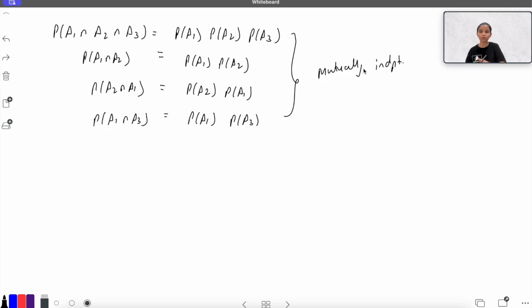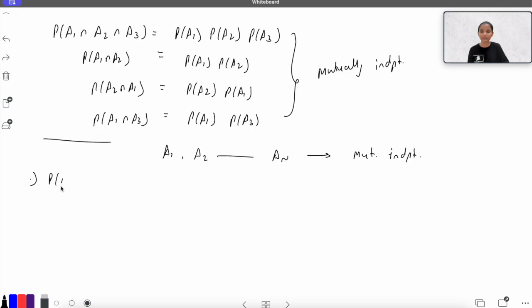So if you increase your number of events, then the conditions for the mutually independent events that you need to check would also increase, right? It's very simple. It depends on how many conditions you would need to check. So if you are having n events, a1, a2 to an, and you are checking whether they are mutually independent, firstly you will check in the pairs.